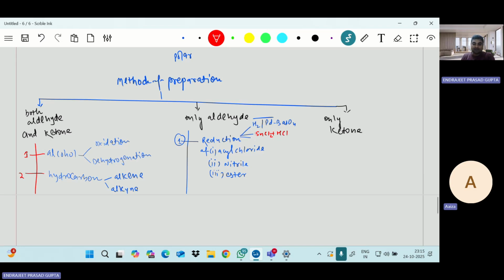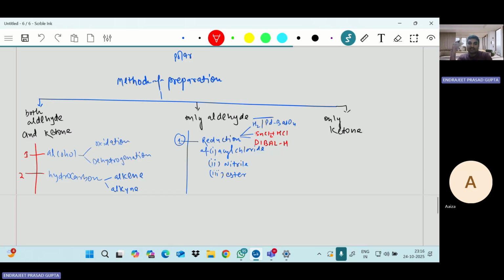Sir, is it thionyl chloride? No, stannous chloride. And then DIBAL-H, which means diisobutyl aluminum hydride. This is also one of the reducing agents. You can use any one of them to reduce either acyl chloride, nitrile, or ester.